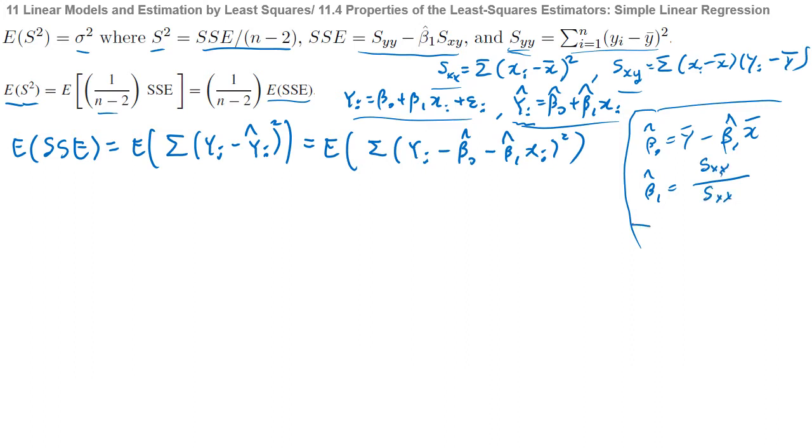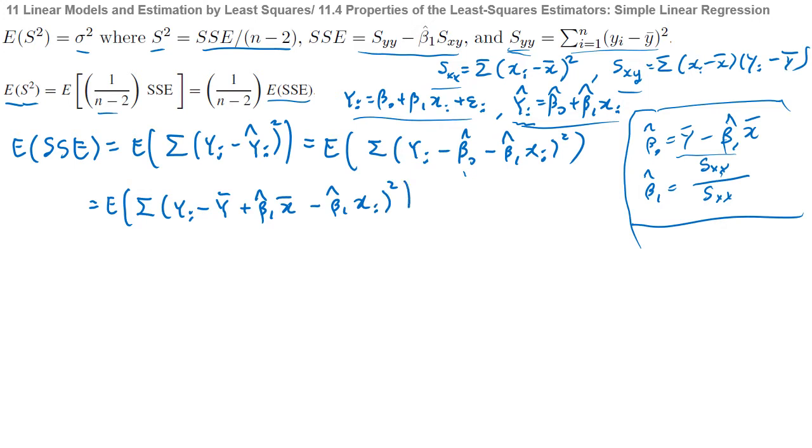We previously showed this, so let's put in beta 0 hat. Then this becomes the expected value of the sum of yi minus y bar plus beta 1 hat x bar, minus beta 1 hat xi, squared.